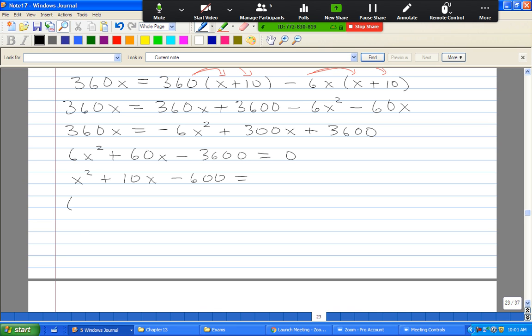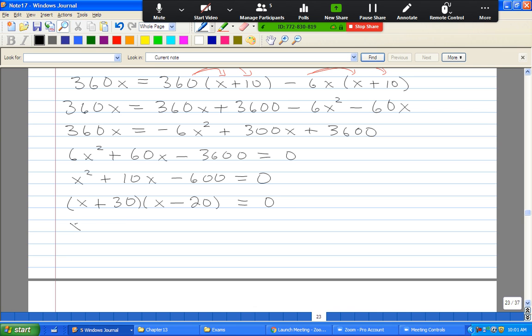And so this is a monic quadratic trinomial. Bring down the positive times negative is negative. I want two whole numbers whose product is 600 and whose difference is 10. So 30 and 20. And put the root with largest absolute value first.